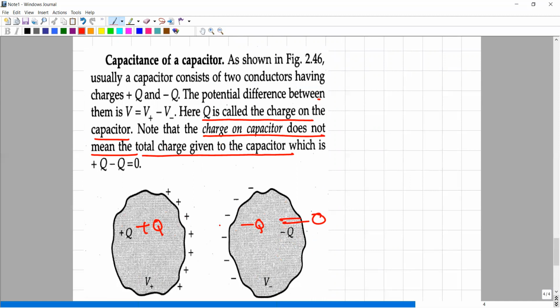Whatever be the magnitude of the charge on one of the conductors, the same magnitude of opposite sign charge will be there on the other conductor. So charge on the capacitor is considered as Q, only the positive value, not plus Q and minus Q together, because that will always become zero.